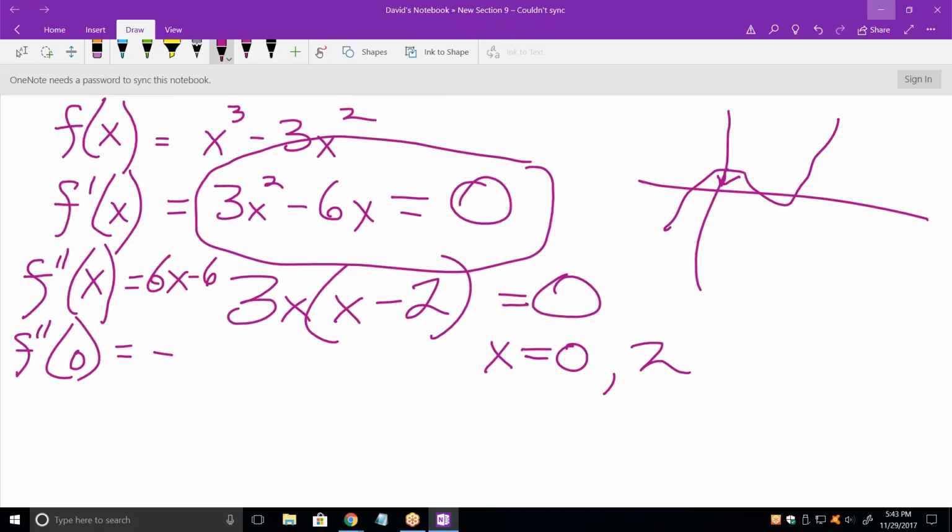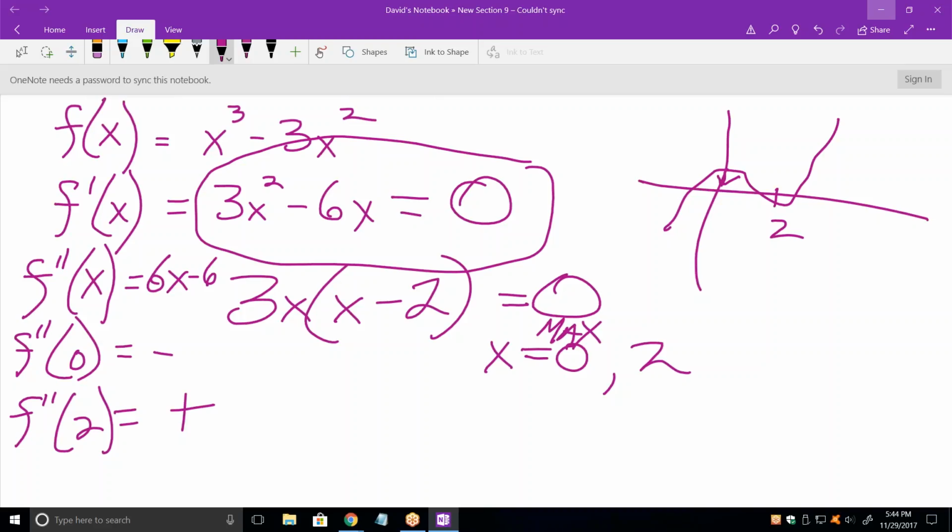So that makes it a maximum or a minimum? Maximum. Anytime it's concave down, it's a max. Now, we can't be certain that the 2 is a minimum until we run the test. What is f double prime of 2? Positive 6. That matches the fact that it's a minimum.